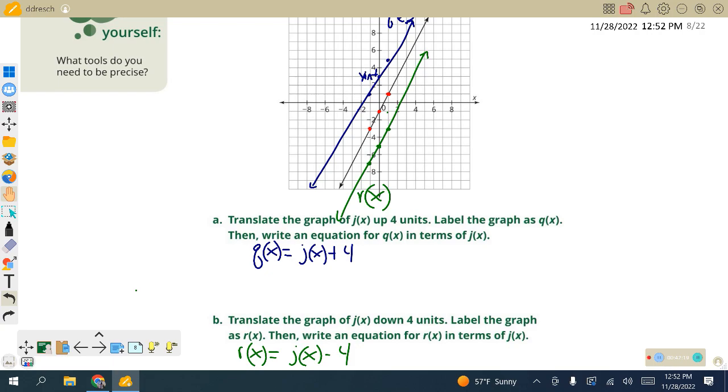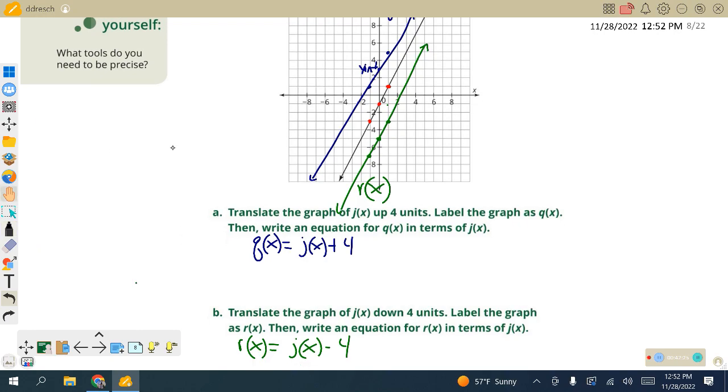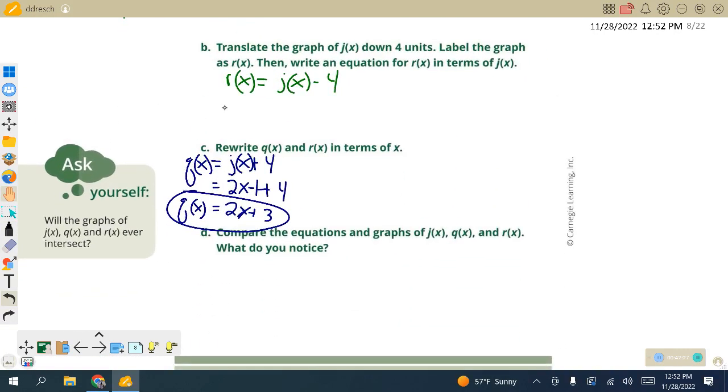Now, for the other one, we want to do r of x. And on the r of x, what do we say we did there? We did the minus 4, correct? So when we do the r of x, we take the original j, and this time we're going to subtract 4.